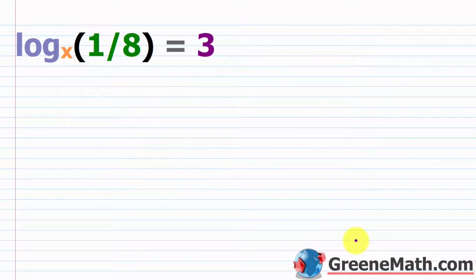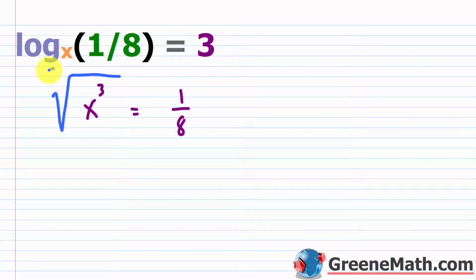All right, let's look at another one. So we have log base x of 1/8 equals 3. Again, we'd have x, which is the base, to the 3rd power equals 1/8. So for this one, I do need to do a bit of work. I need to take the cube root of each side. So I'll take the cube root of this side and the cube root of this side. And so this whole thing is going to cancel with the exponent of 3.